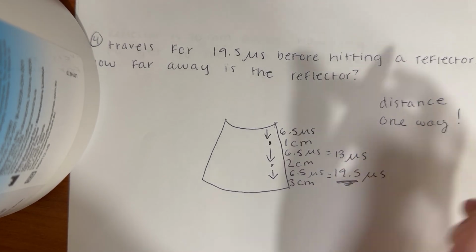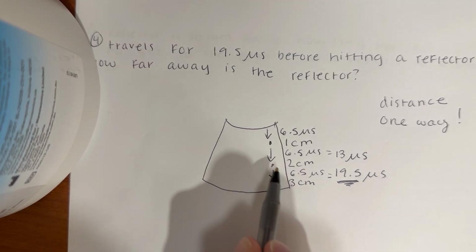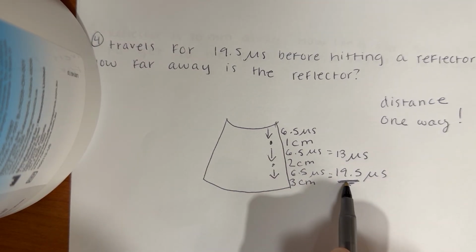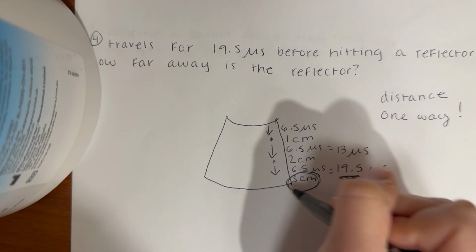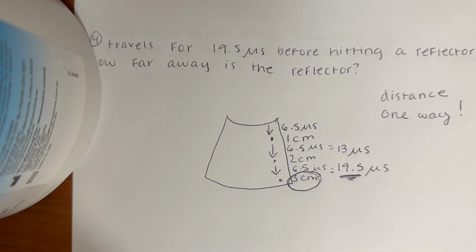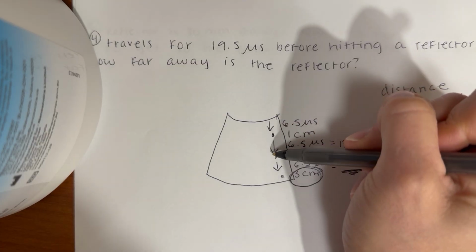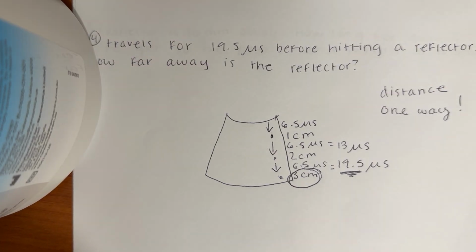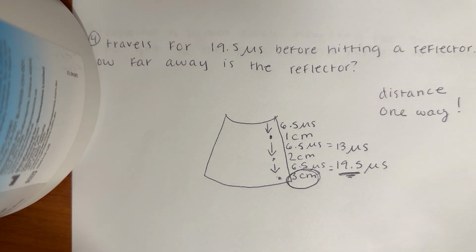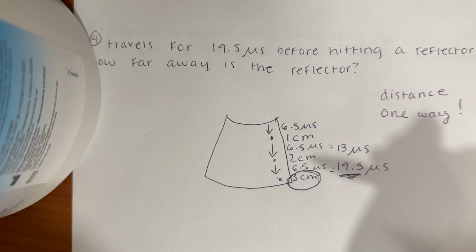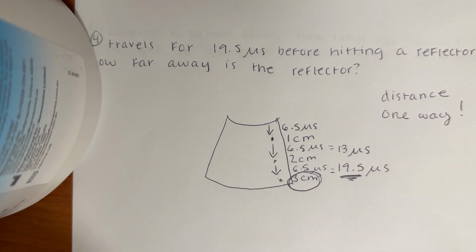And that's what they asked us to get down to: 6.5, 6.5, 6.5, which is 19.5 total. We would be as deep as 3 centimeters for our structure. We don't care about returning, so we're using that 6.5 number to figure out how far deep we get when we travel for 19.5 microseconds before we hit a reflector.